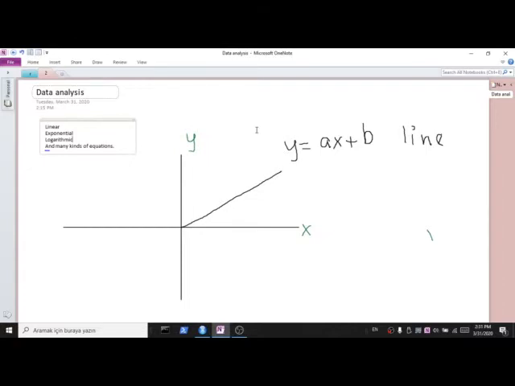But the first starting point in the equations chapter in mathematics is linear equations. And in statistics, it's also the same. You start the modeling chapter in almost any course with linear analysis. So what is linear analysis?